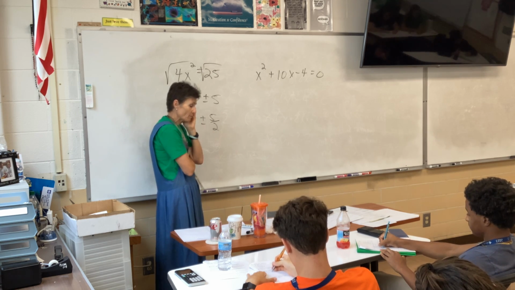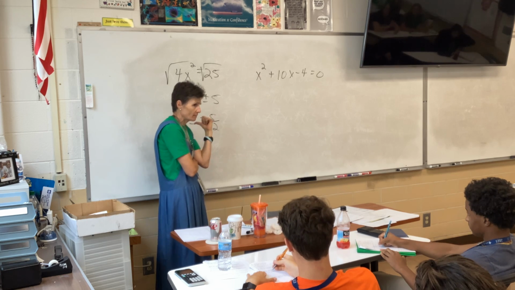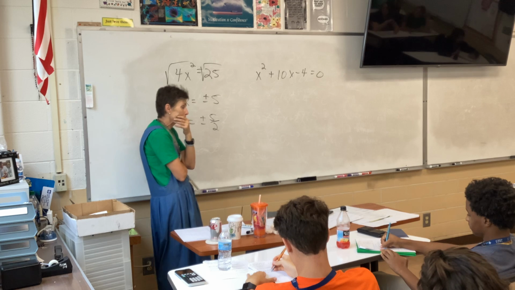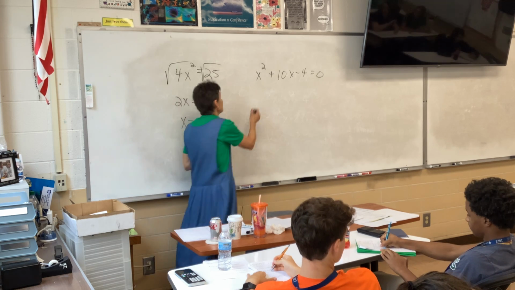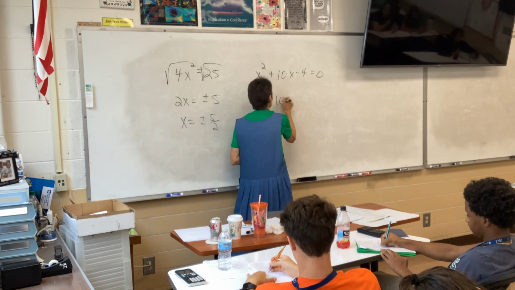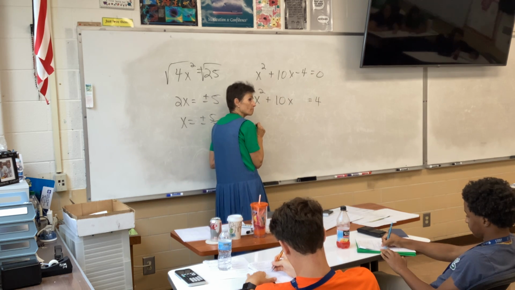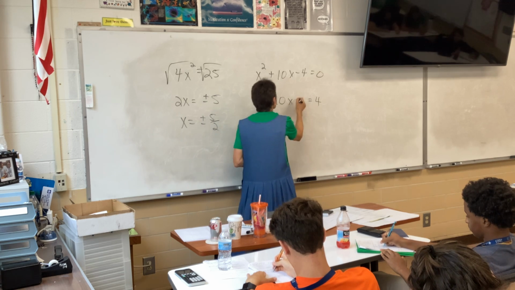All right, so who remembers those steps? This one's easier than the other one we did. Is it Allison? You'll want to move the 4 over to the other side. Yep, good. Then what? Then you want to divide 10 by 2, and then square it. Yeah, square it.